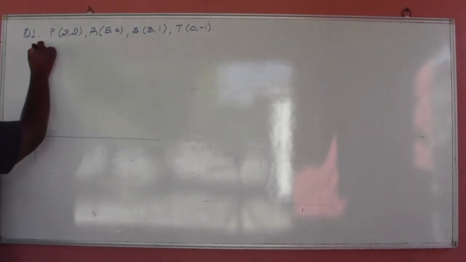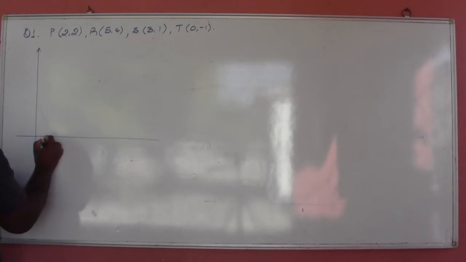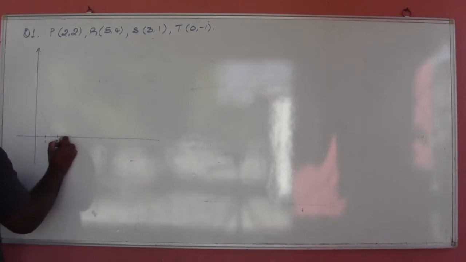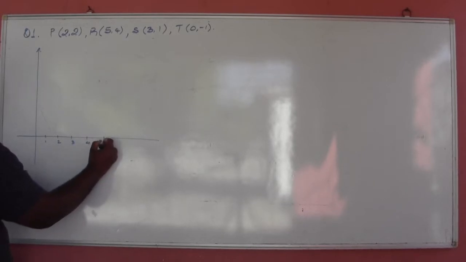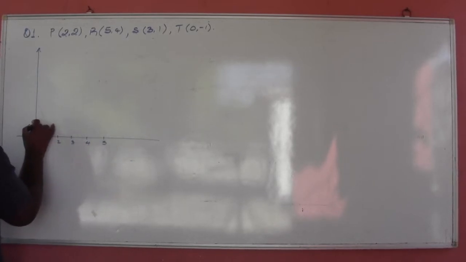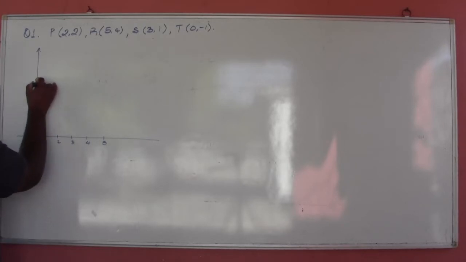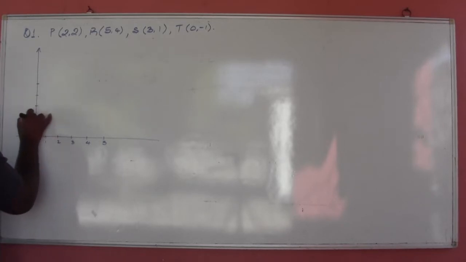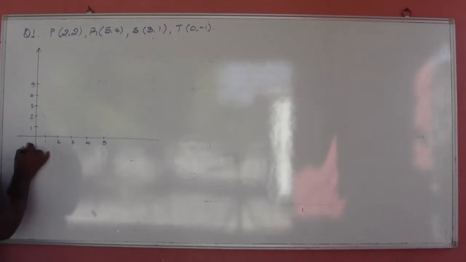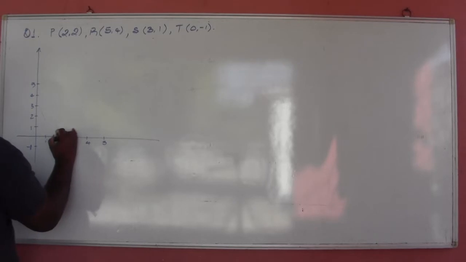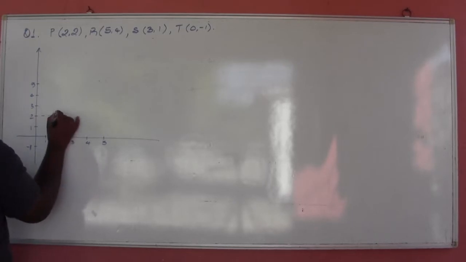We don't have a lot of space, so let's try as much as we can. 1, 2, 3, 4, 5, and down here we have -1. The first point is P, which is the point 2, 2.